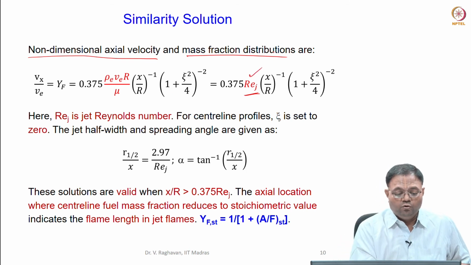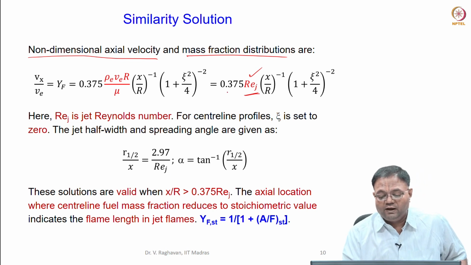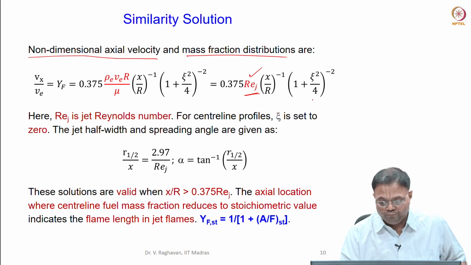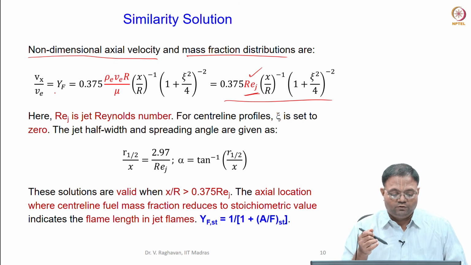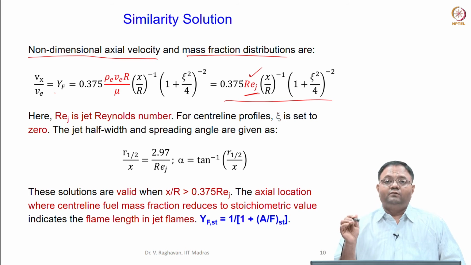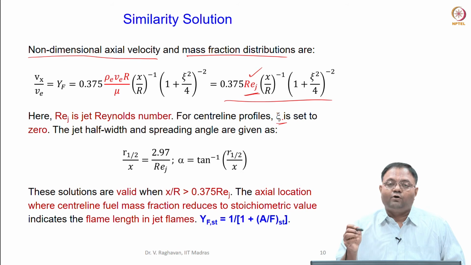So, this is the jet Reynolds number. Now, this Vx by Ve can be defined as 0.375 Reynolds number of the jet, x by r power minus 1, into 1 plus psi square by 4 whole power minus 2. This is the distribution for both Yf and non-dimensional axial velocity. Now, if you want to get the central line profile, psi is set to 0, because r is equal to 0.